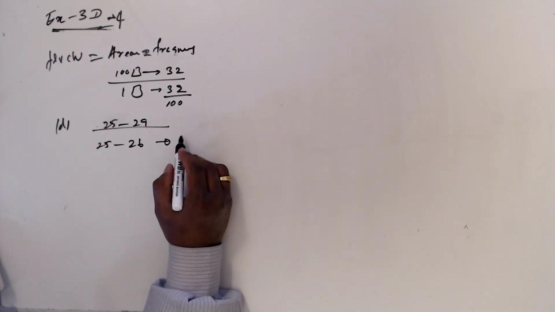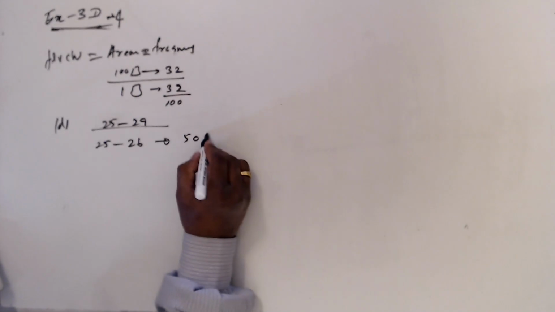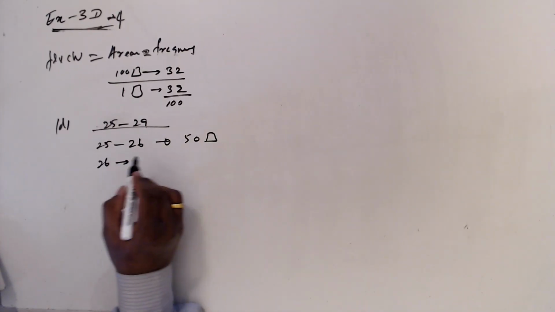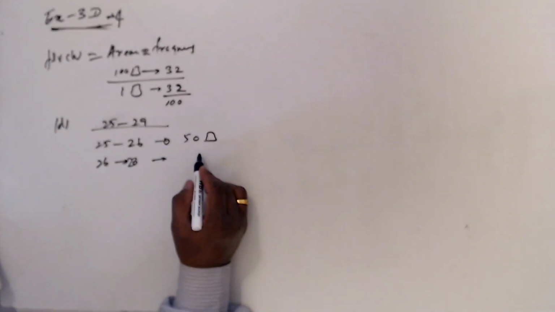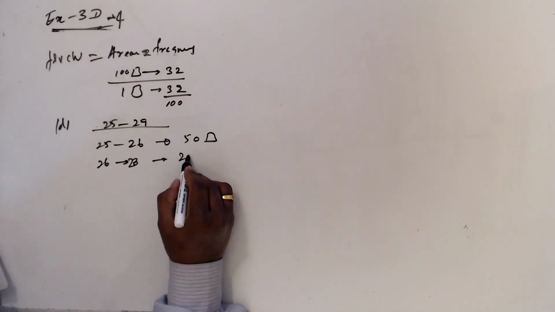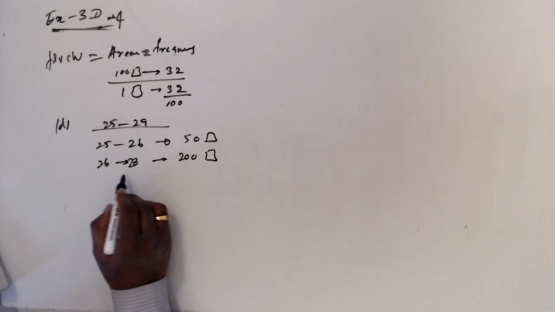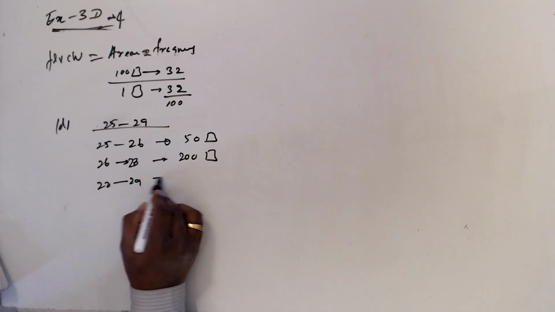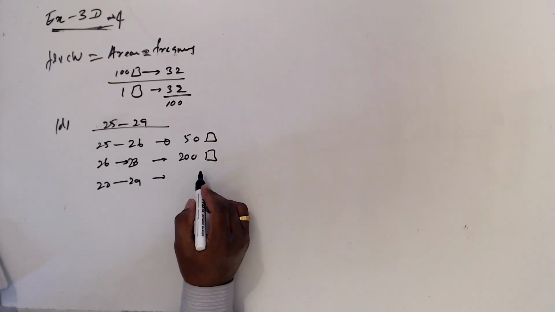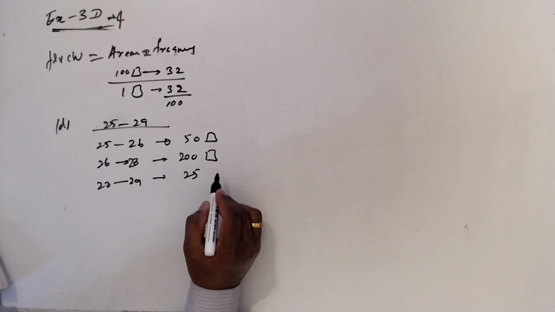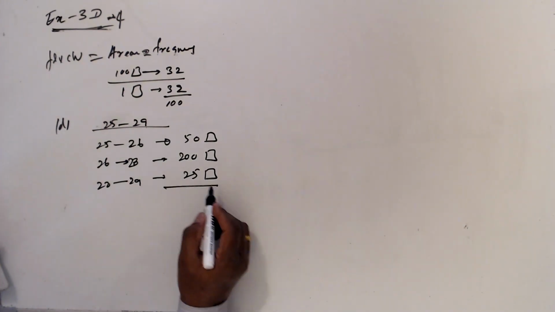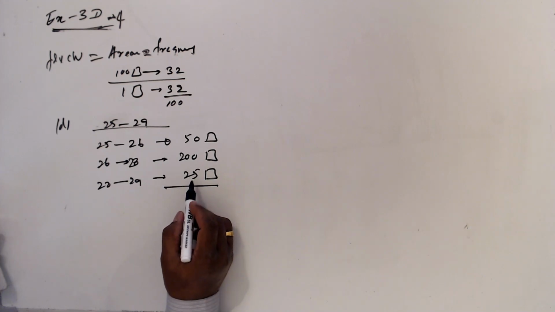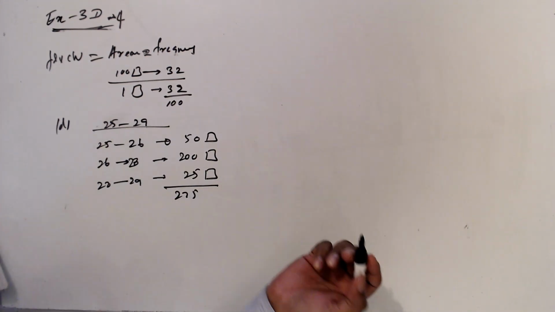There are 50 boxes, and 26 to 28 we already know that is 200 boxes, and 28 to 29 it's going to be 25 boxes. So the total number of boxes in this interval is 275.